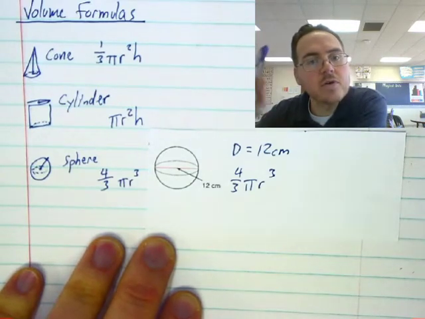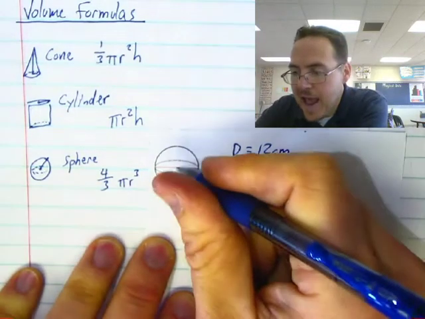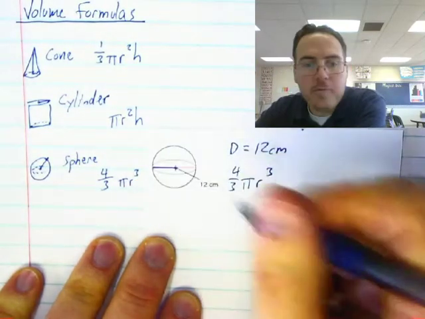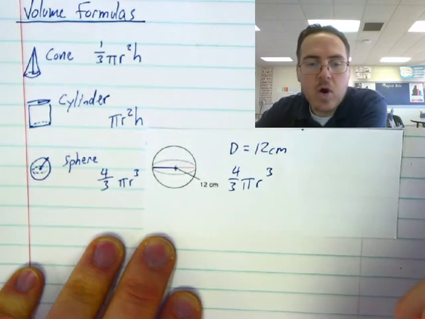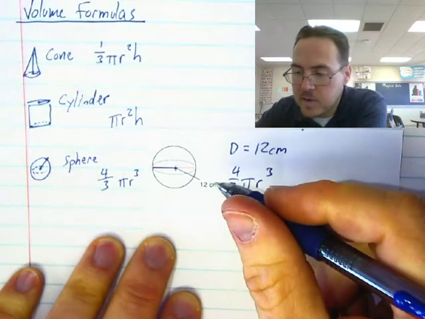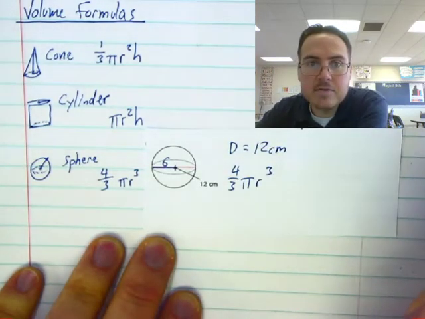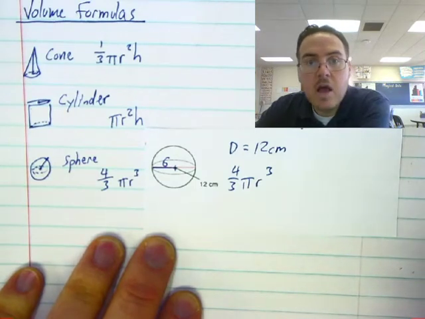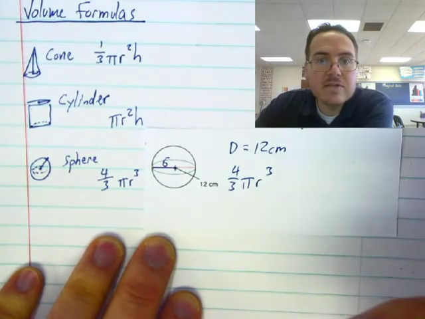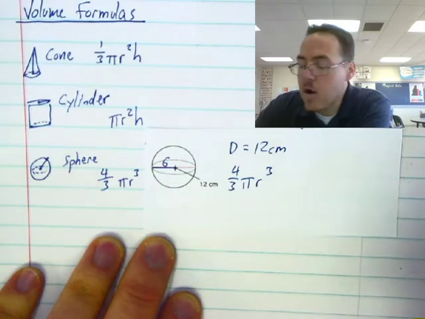But I'm good at circles, and I understand that halfway across the circle is the radius. So if the whole way across is 12 centimeters, then halfway across would just be 6 centimeters. Make sense?